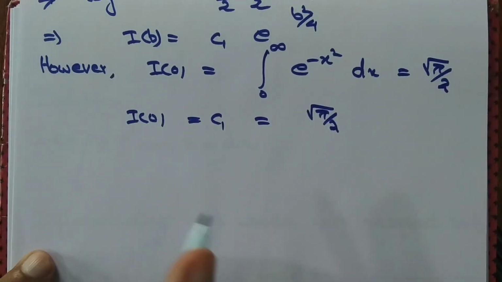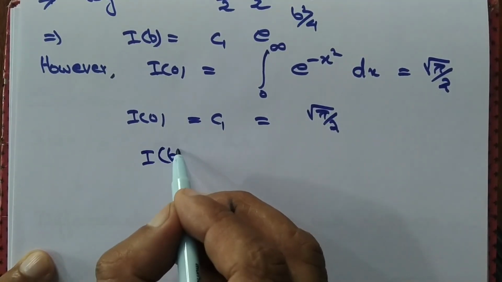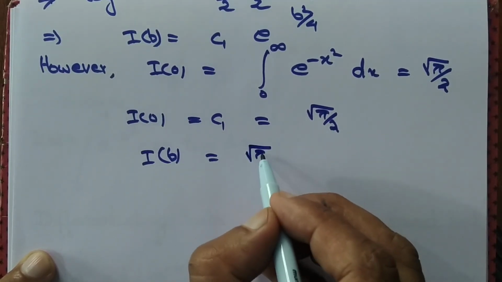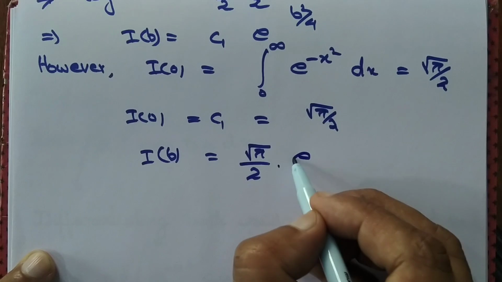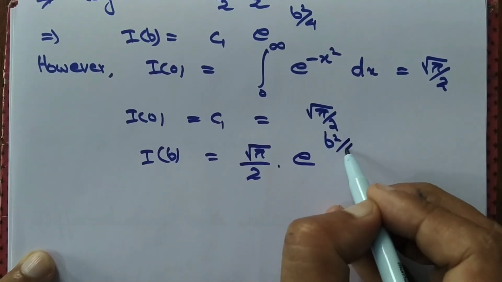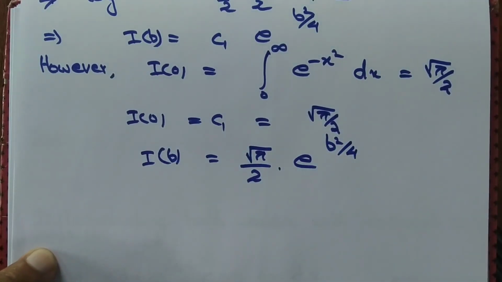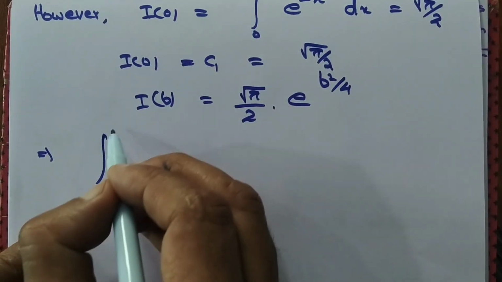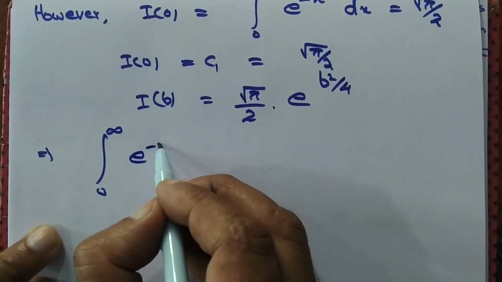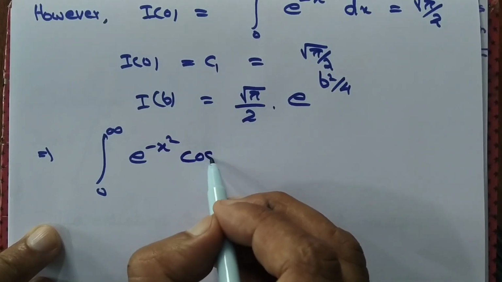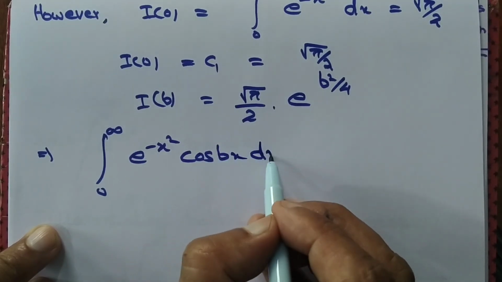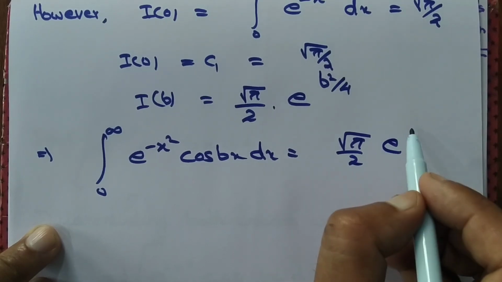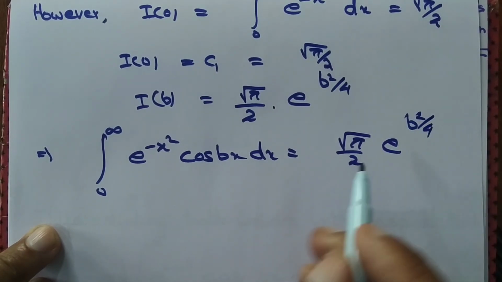So we can say I(b) equal to, instead of c1 we can write root pi by 2 e to the power b square by 4. And what is I(b)? I(b) is the integral 0 to infinity e to the power minus x square cos of bx dx. And that turns out to be root pi by 2 e to the power b square by 4.